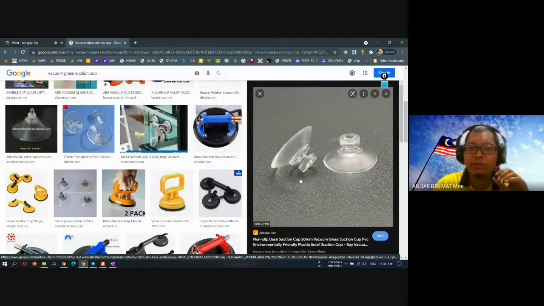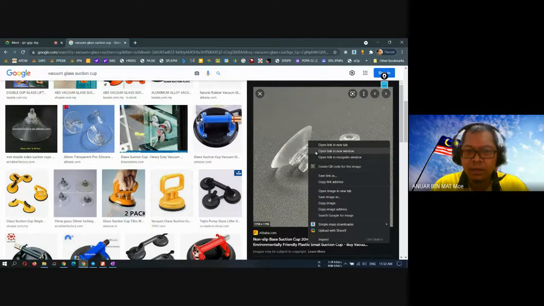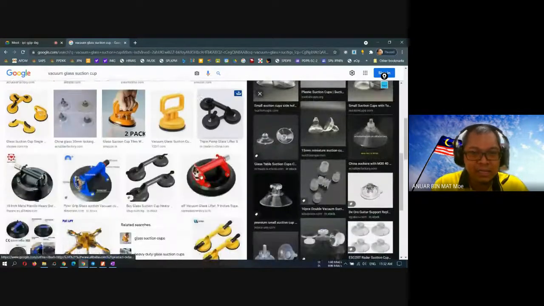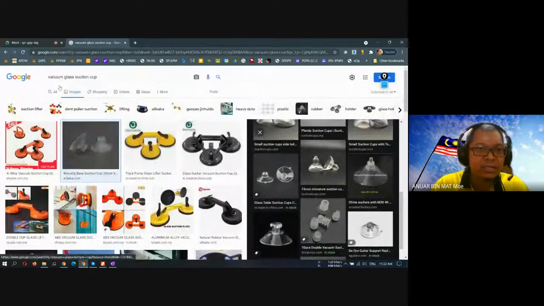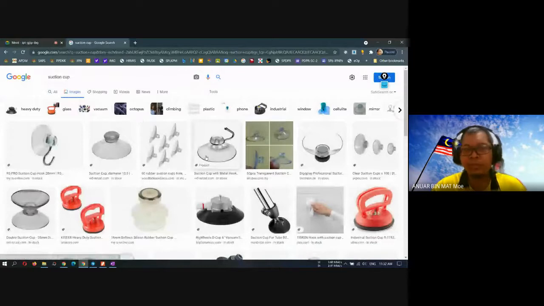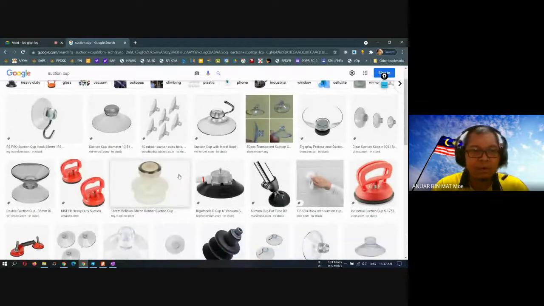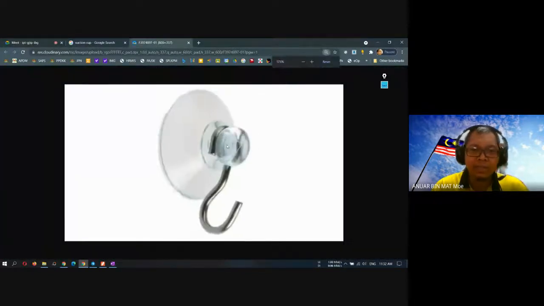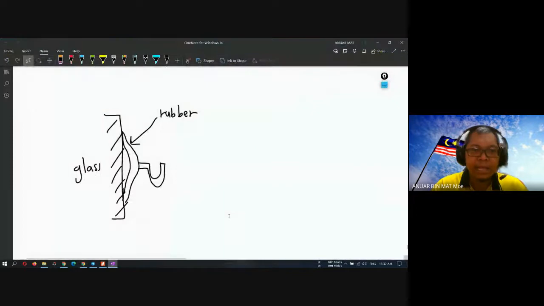Suction cup also uses the same principle as the Magdeburg hemispheres. Can you see this, class? This is a suction cup. This is what we call a suction cup, using the same principle as the Magdeburg hemispheres.